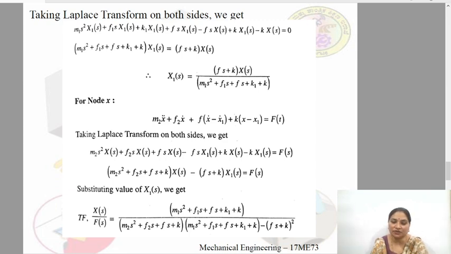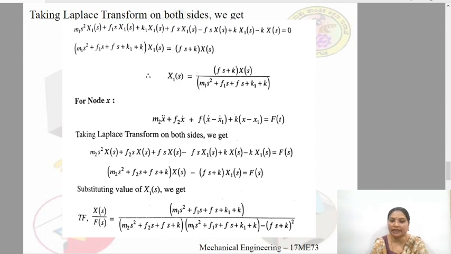Similarly, we will write for the node x. For the node x we have m2 x2 double dot plus f2 x dot plus f(x dot minus x1 dot) plus k(x minus x1) equals f of t.